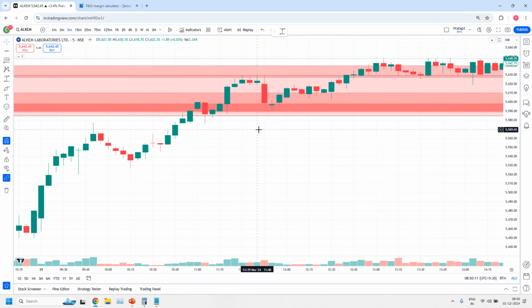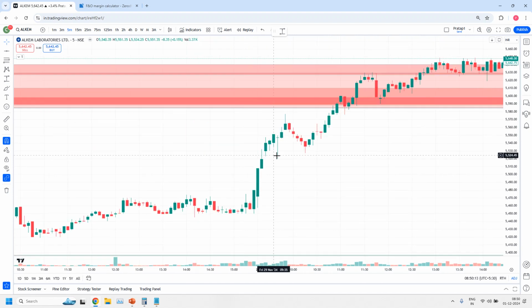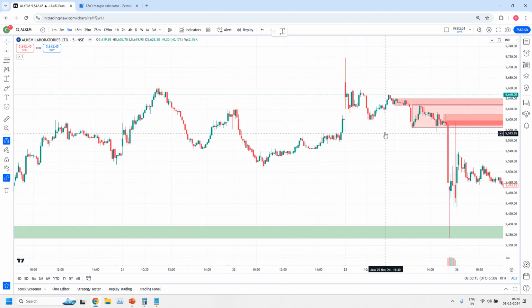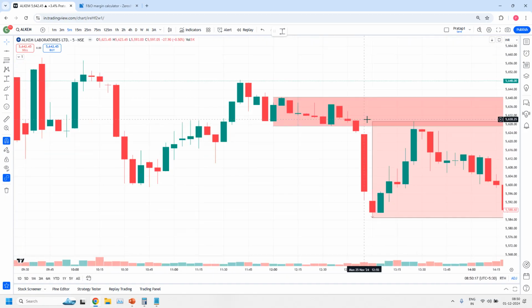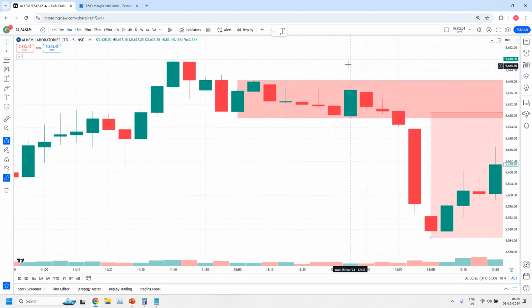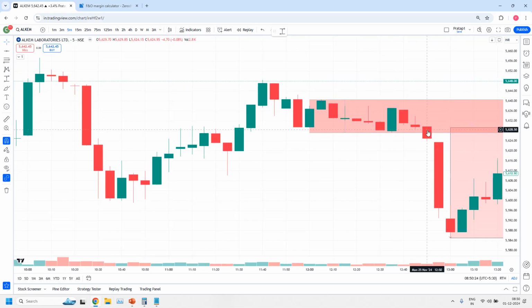But what is next? Here also there is a fine-tuned zone. We have a drop, base, drop. This is a medium size candle, part of which you can add, but the actual leg formation started from here. So here you have the real institutional order flow.